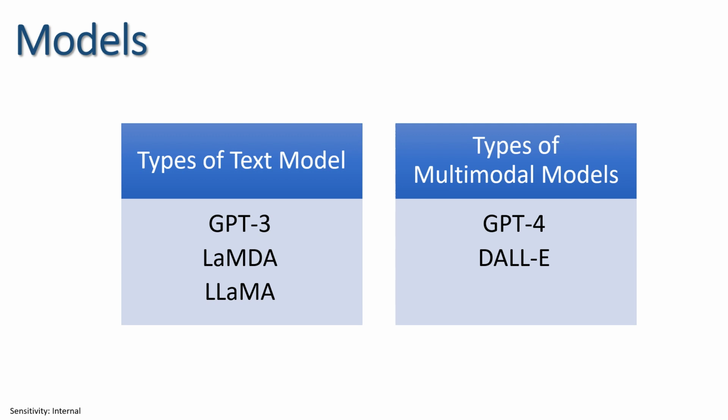Perhaps the one that's had the most coverage recently is GPT-4, which is obviously Generative Pre-trained Transformer number 4. This is a large-scale model which can accept image and text inputs and produce text outputs.